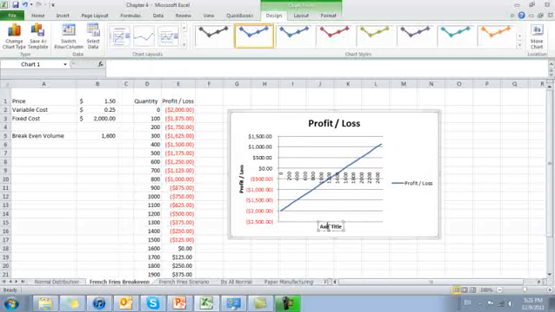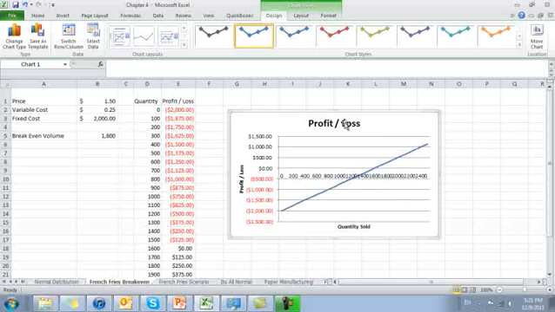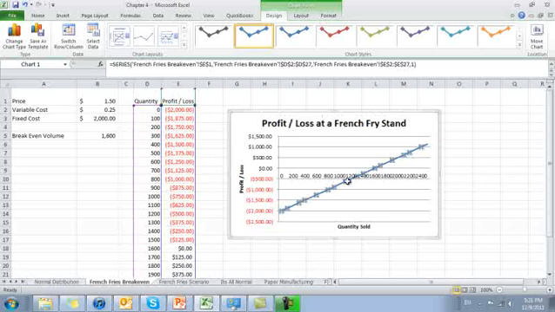Call this quantity sold, get rid of that, call it profit loss at a French fry stand. We have here a plot of my profit and loss at a French fry stand.